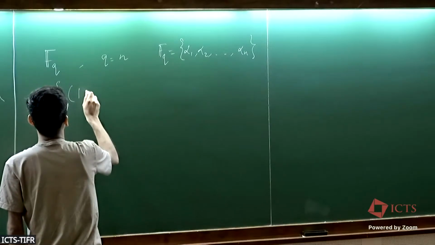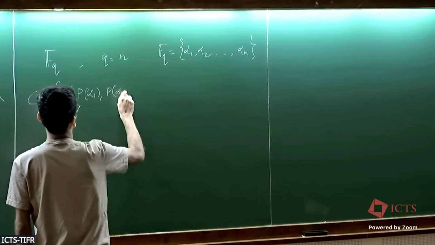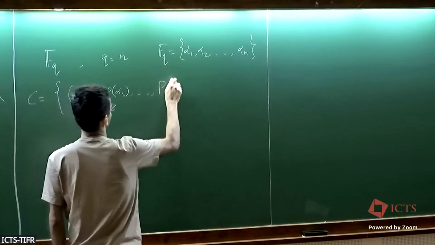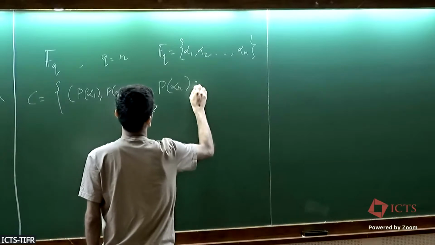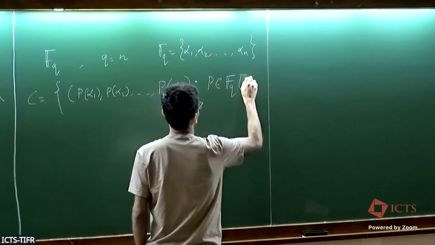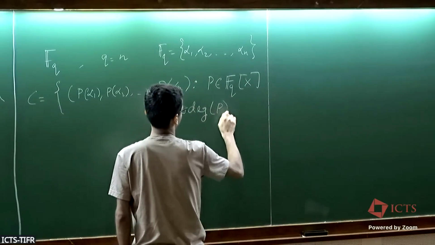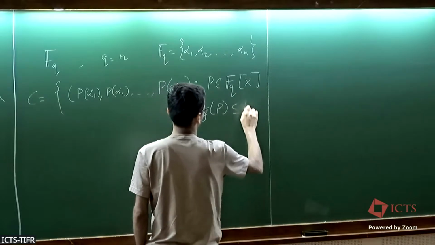And the code words corresponded to evaluations of low degree polynomials at these points. Let's say the degree is at most k.